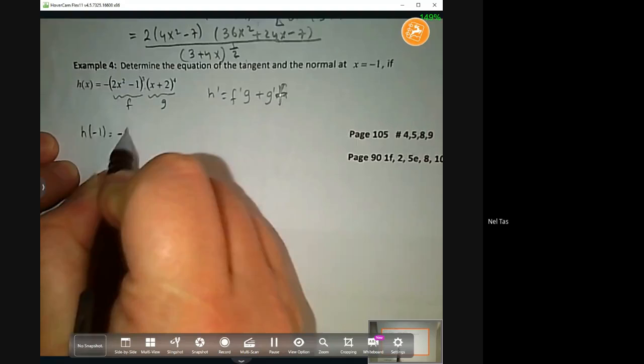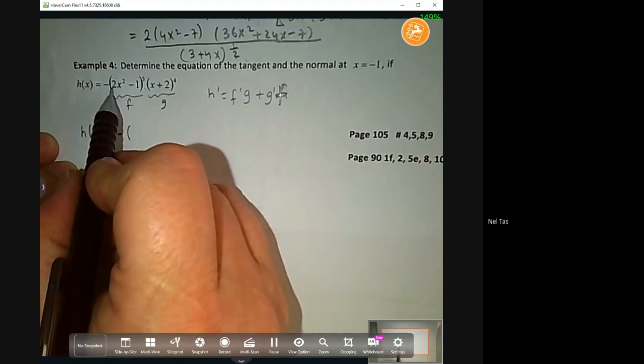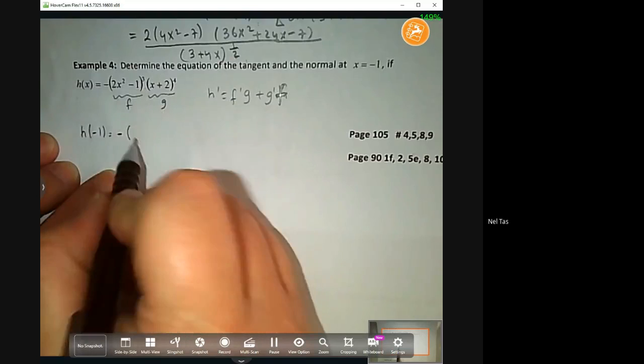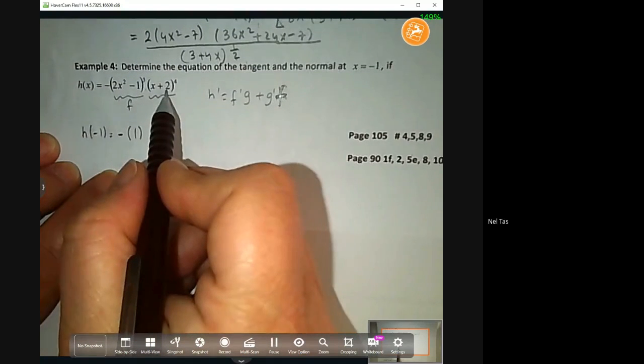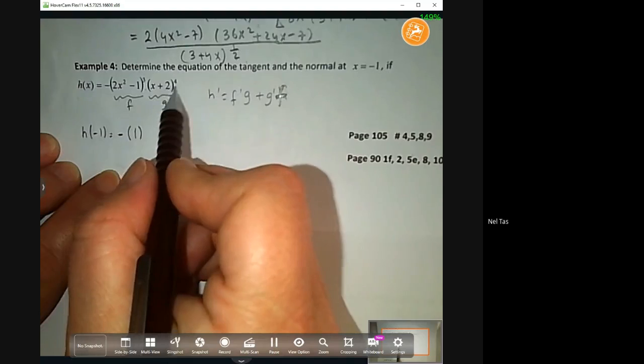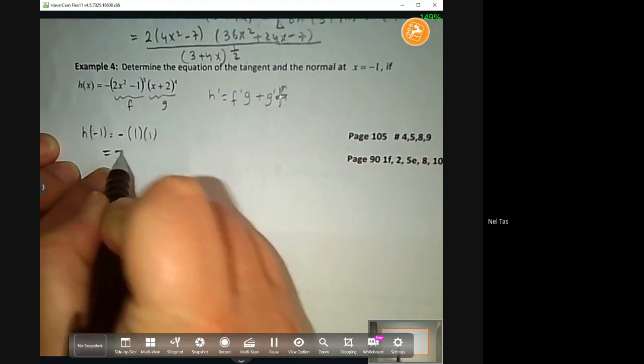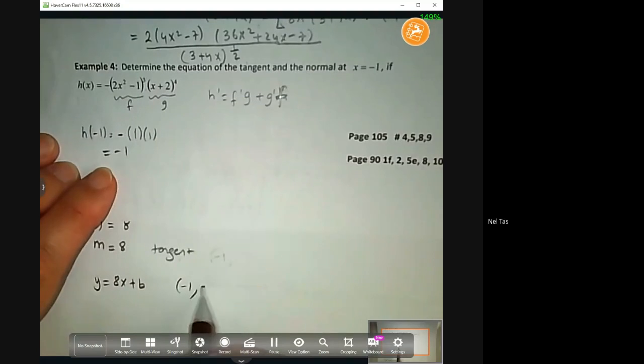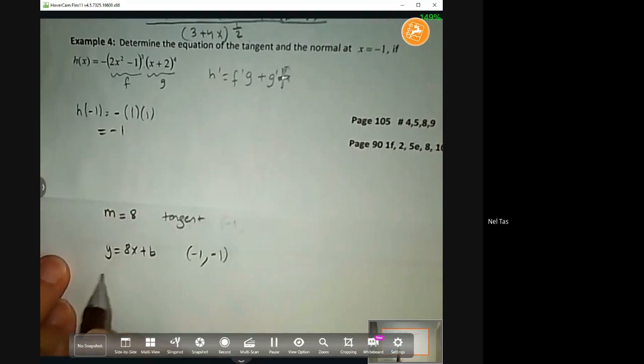If you sub in -1 here, -1 squared is 1 times 2, you get 1. 1 cubed is 1. -1 plus 2, 1. 1 to the power of 4 is 1. So you get -1. The point is -1 and -1. Now sub in -1, -8 plus b. So you get b equals 7. So y equals 8x plus 7 is the equation of the tangent.